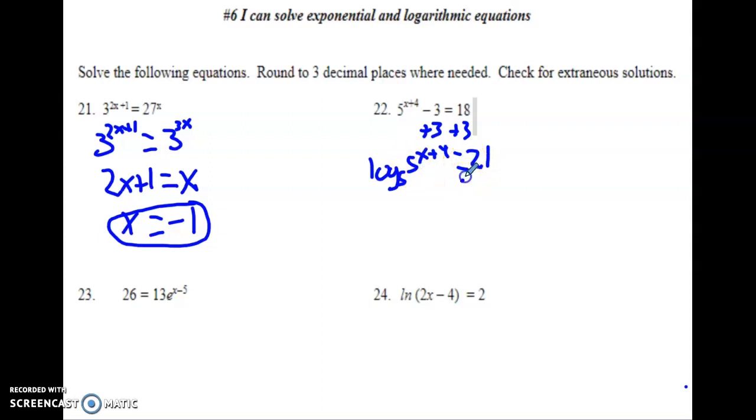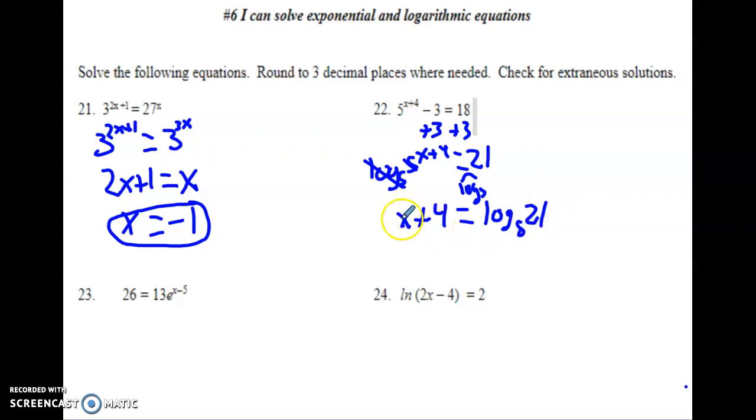And I don't have enough room here, so I'm just going to write log base 5 multiplied by the 21 also. So there, the log base 5 and 5 cancels out, and I just get x plus 4 equals log base 5 of 21.